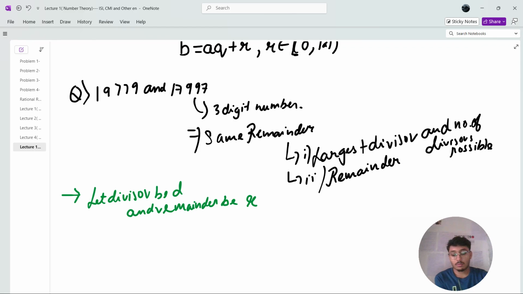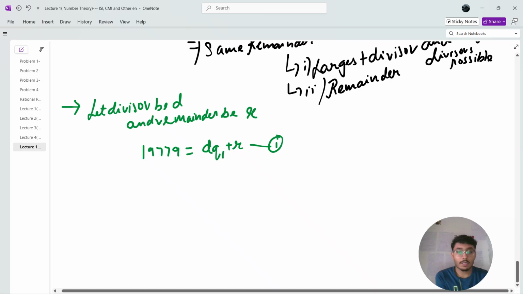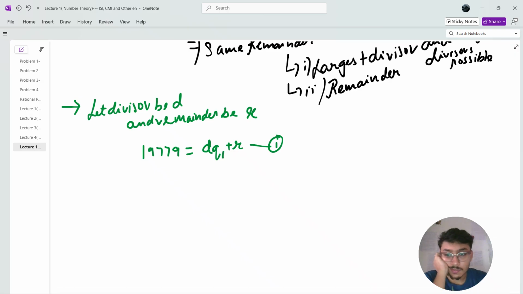Therefore, 19,779 can be written as dq1 plus r. Similarly, 17,997 can be written as dq2 plus r.